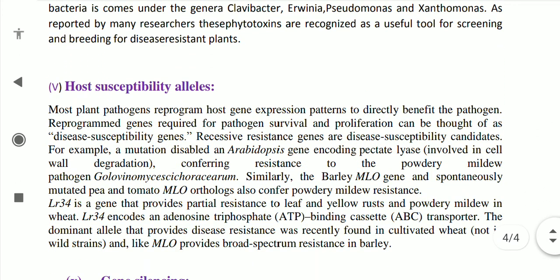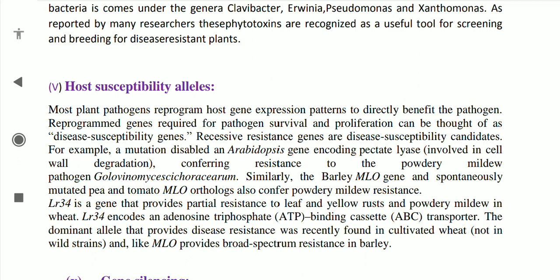Host susceptibility alleles. Most plant pathogens reprogram host gene expression patterns to directly benefit the pathogen.